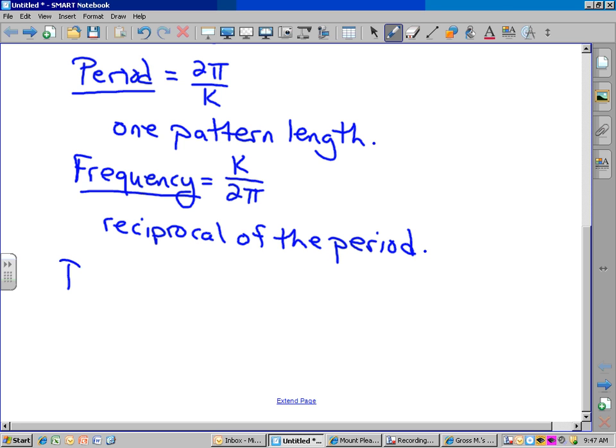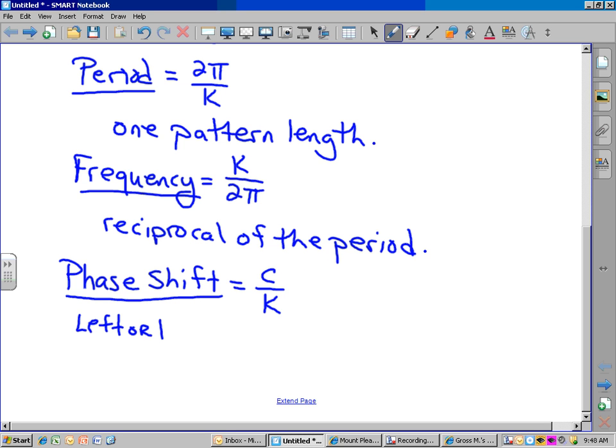Phase shift. Phase shift is C over K. That is a left or right shift.